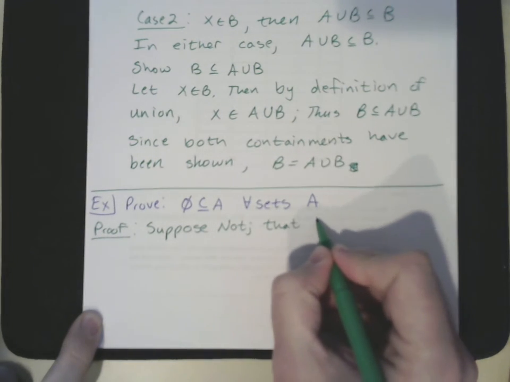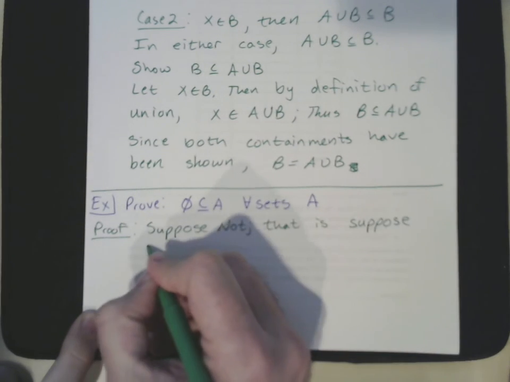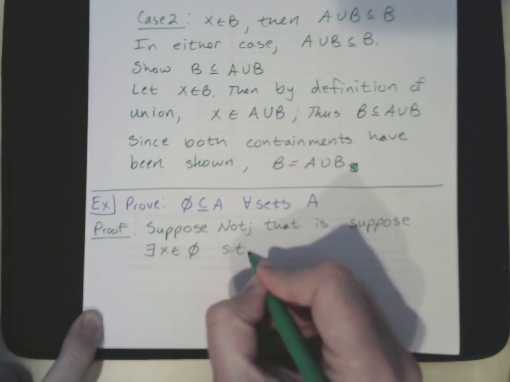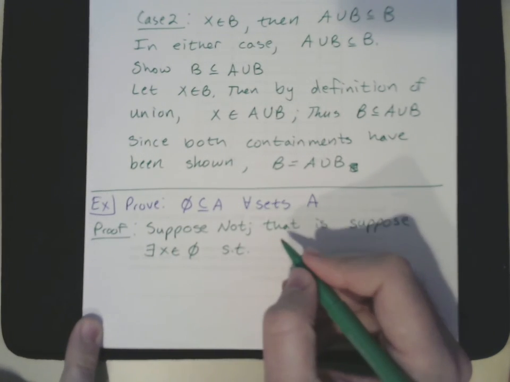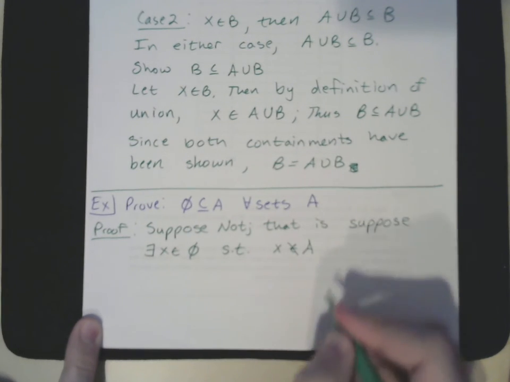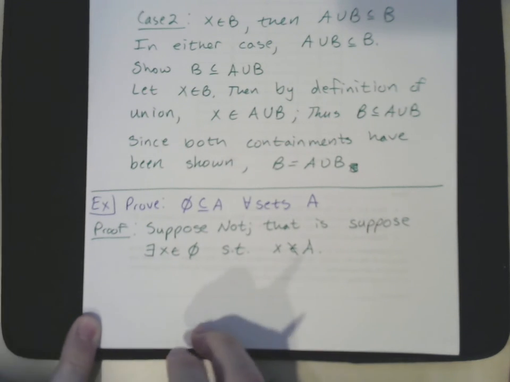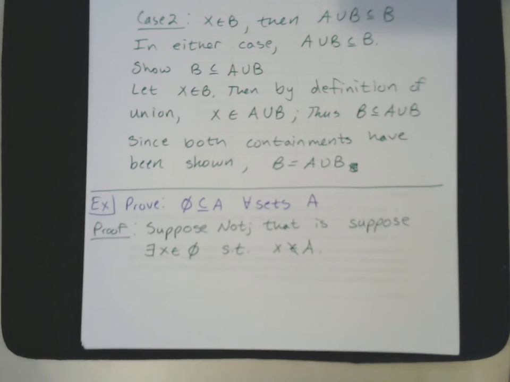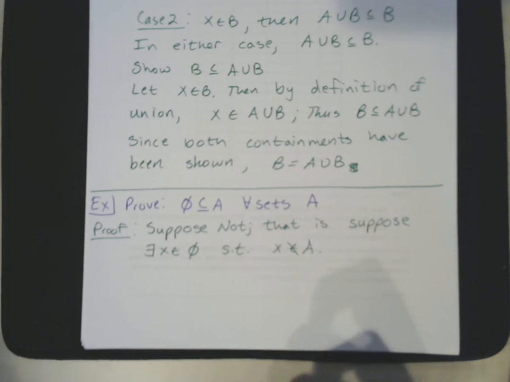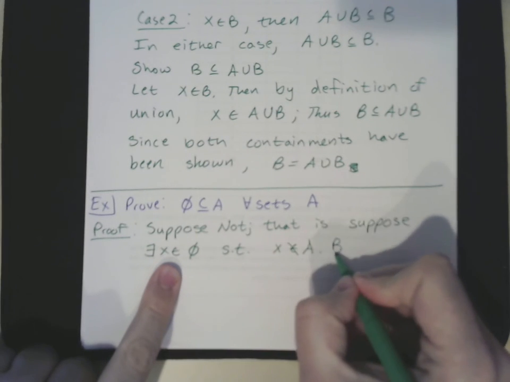That is, suppose there exists some X in the empty set such that X is not in A. Well, this is the great thing about the empty set, which makes it so unique: right now, our supposition is a contradiction, because we're saying that there is an element in the empty set.